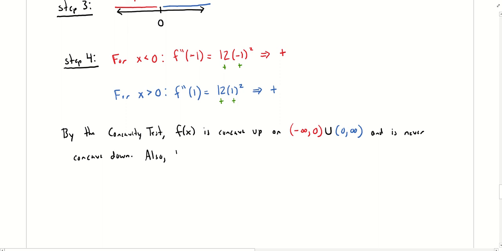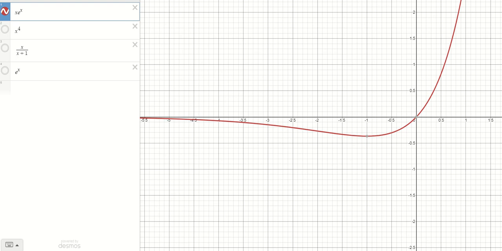So I'll say also, there are no inflection points. Now the graph for this is pretty boring, but let's take a look at it anyway, just to confirm. Here's x to the 4th.